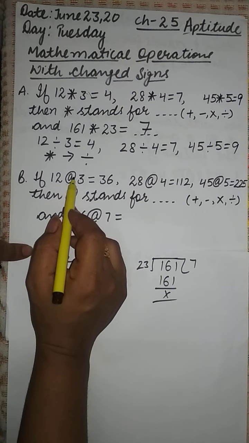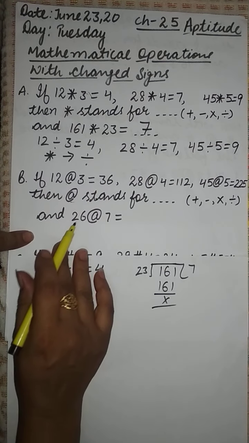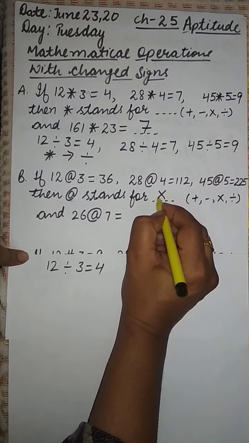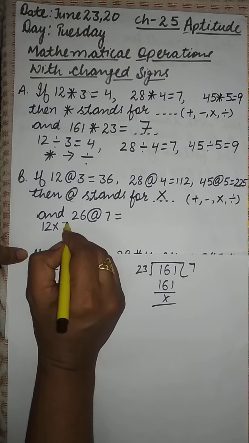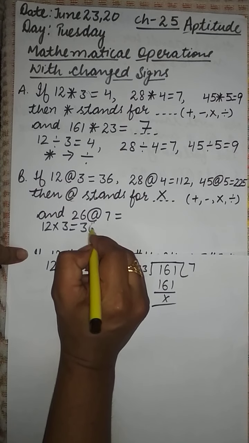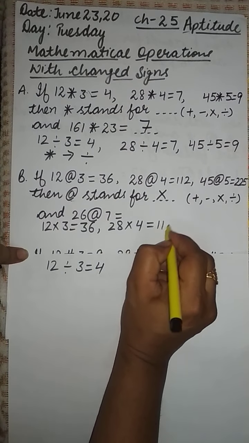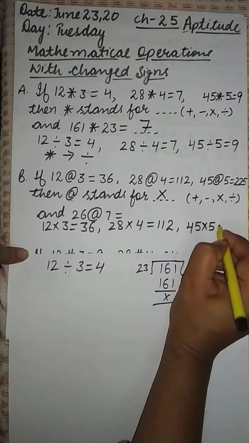Students, you can very clearly understand that 12 multiplied by 3 is equal to 36. It means the symbol at the rate stands for multiplication. You can write here 12 multiplied by 3 is equal to 36, 28 multiplied by 4 is equal to 112, 45 multiplied by 5 is equal to 225.